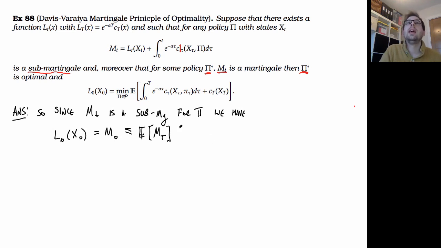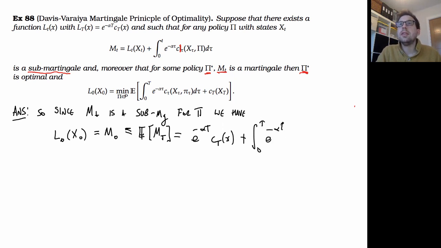Okay? However, at time T, we've said that it's equal to the termination cost plus the integral from 0 to capital T of e to the minus alpha tau, c of tau, x of tau, pi, d tau, which is exactly the cost function for policy pi.